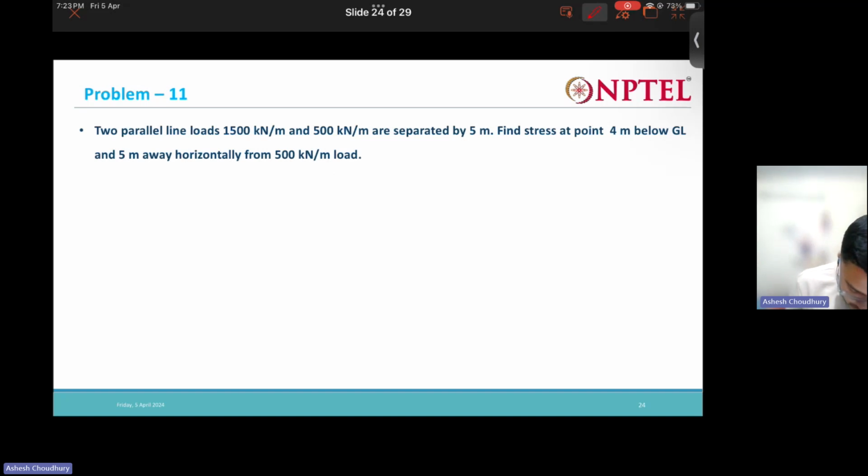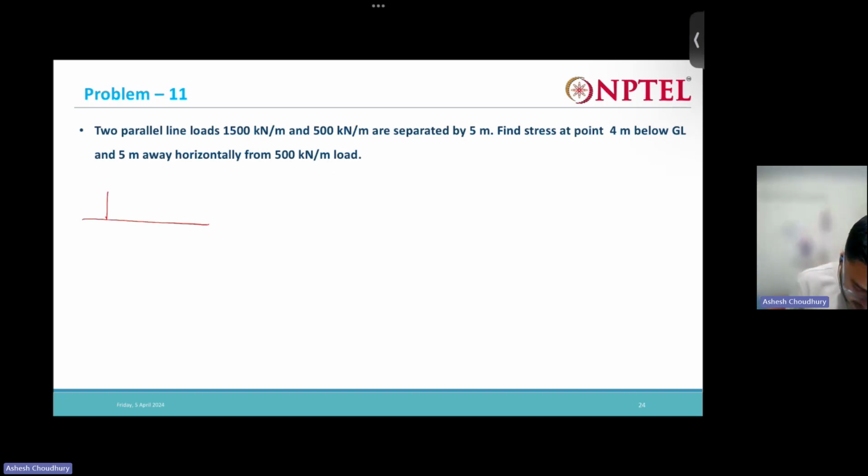See, if I draw in 2D, this will be the same. So this is actually a line load, right? But I'm just drawing this in 2D. Okay, so we need to find here. This is 5 meter, this is 4 meter. So at this point we need to find.